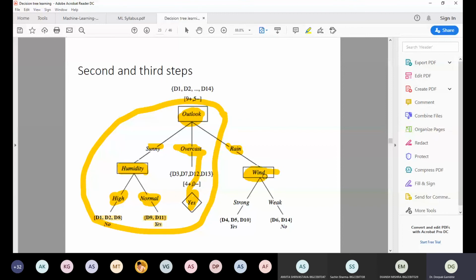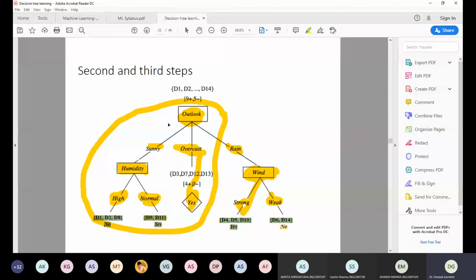And if you take wind, there are two possible outputs, one is strong, another one is weak. If the outlook is rainy and wind is strong, then in that case there are three positive cases. And if the outlook is rainy and wind is weak, then there are two negative cases. So that will become a leaf node. When it becomes a leaf node, there is no further division possible.